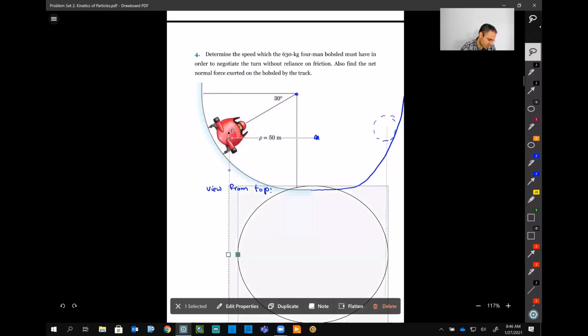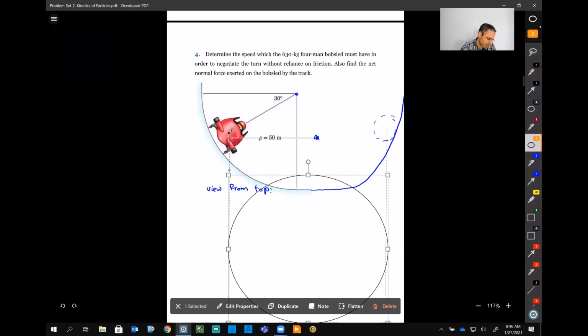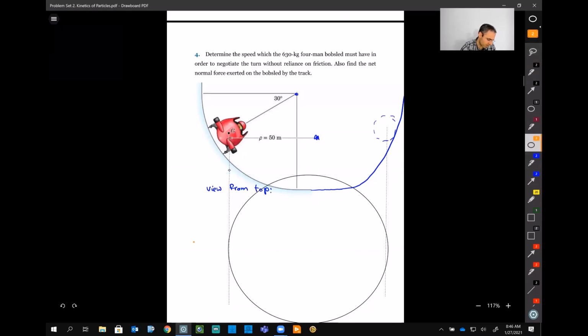This big car is moving on this circle. So the next moment it's here, the next moment it's there, and so on, right?